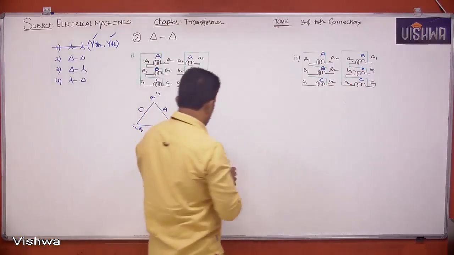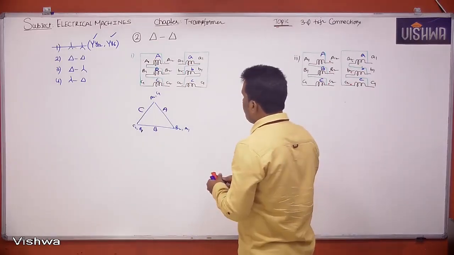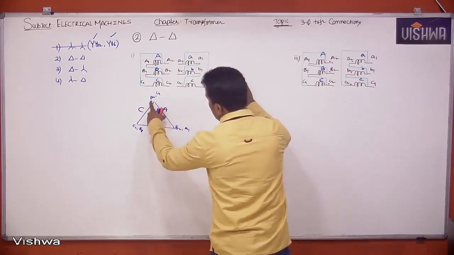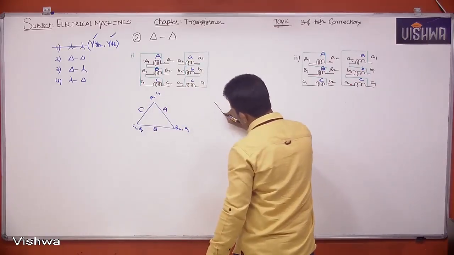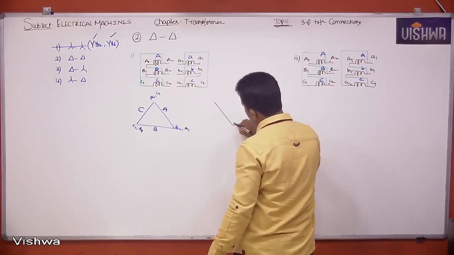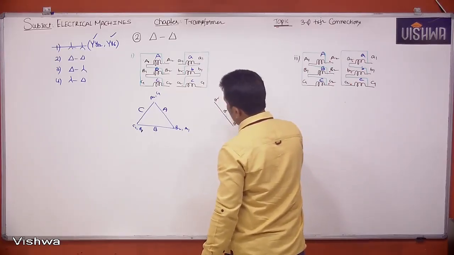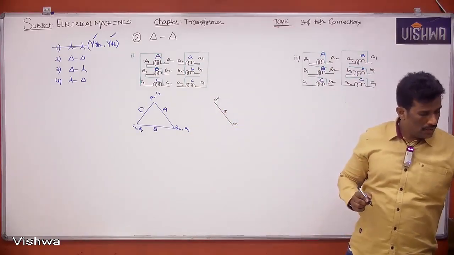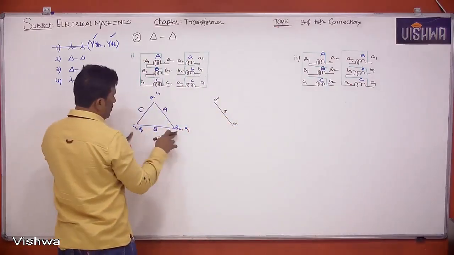Now let me draw the secondary vector a1, a2 parallel to capital A1, capital A2. Capital A1 is downwards, capital A2 is upwards. So I can draw like this. This is small a1, small a2, small a. Now what about B1, B2, capital B1, capital B2?